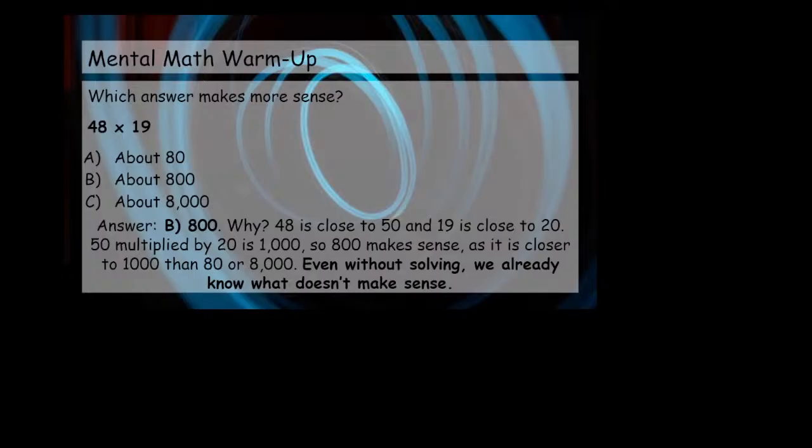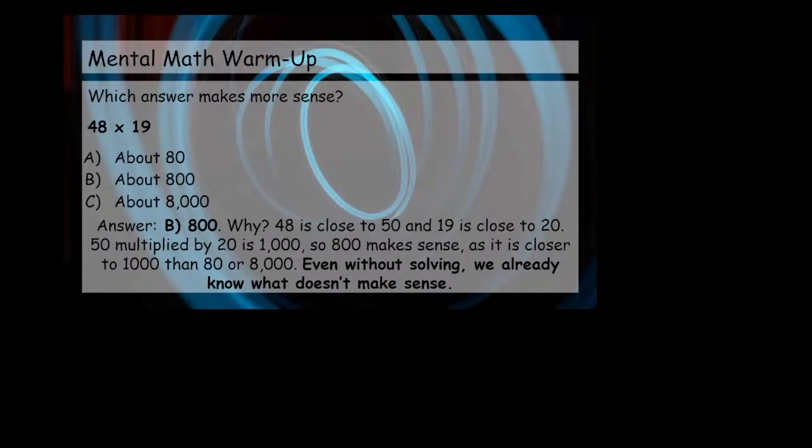Which answer makes more sense? 48 times 19. Is it A, about 80, B, about 800, or C, about 8,000? The answer is B, which is 800.